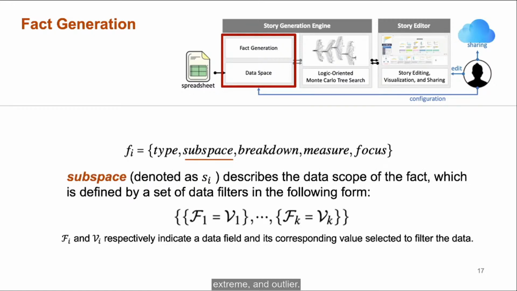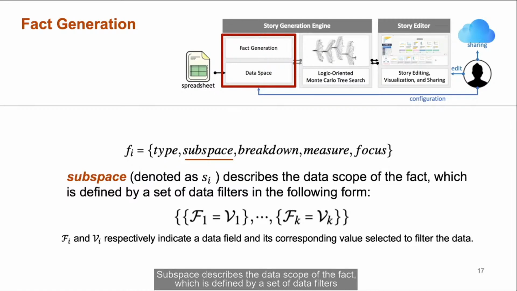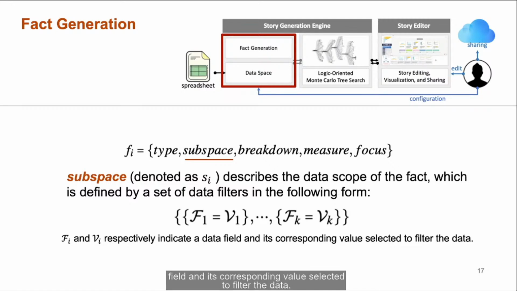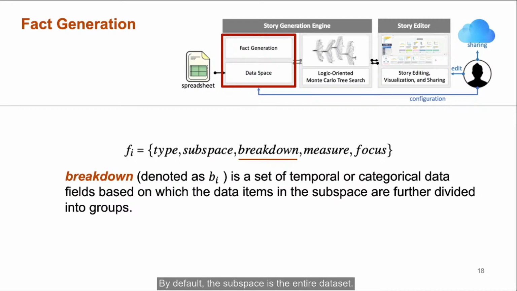Subspace describes the data scope of the fact, which is defined by a set of data fields in the following form, where Fi and Vi respectively indicate a data field and its corresponding value selected to filter the data. By default, the subspace is the entire dataset.